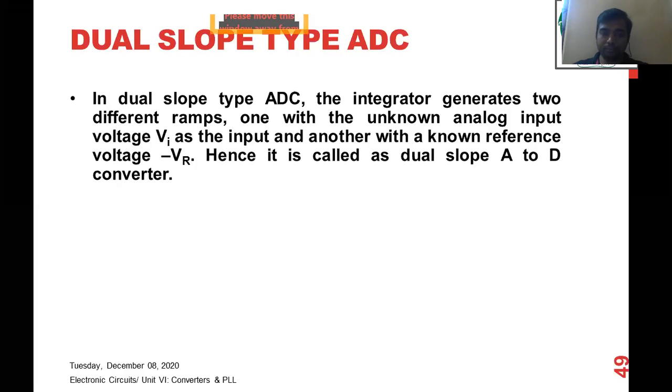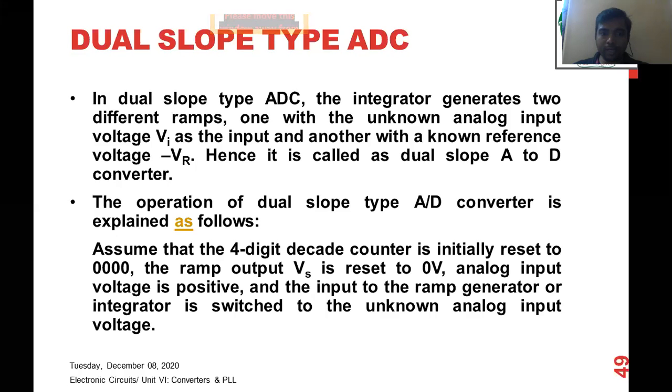Okay. So we have seen that in a dual slope type ADC, the integrator generates two different ramps, one with the unknown analog input voltage Vi as an input, and another with the known reference voltage minus Vr.